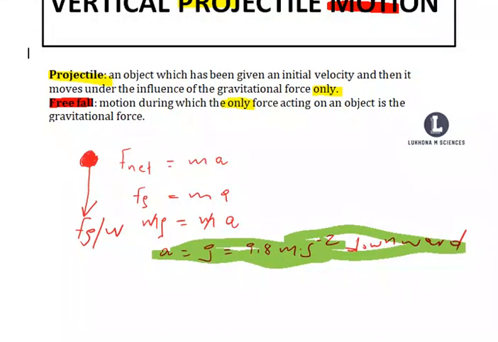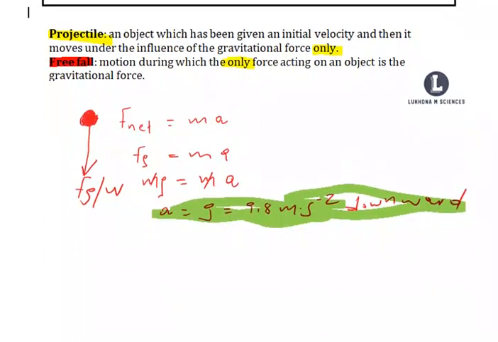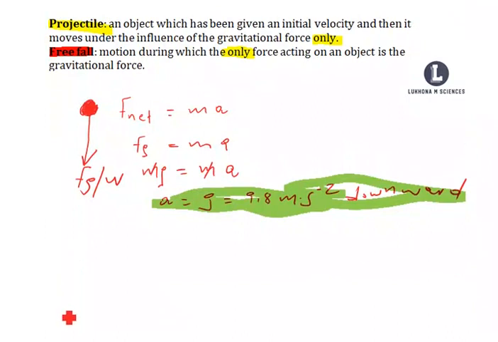Now what we are going to do is to come up with an example of a projectile. That is an object that is given an initial velocity and then it moves under the influence of gravitational force only. So let's say we have an object that is thrown vertically upwards.